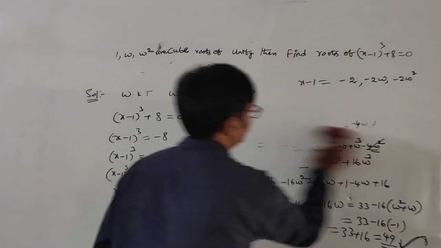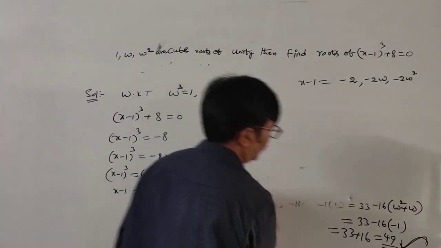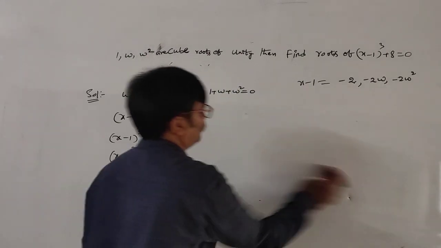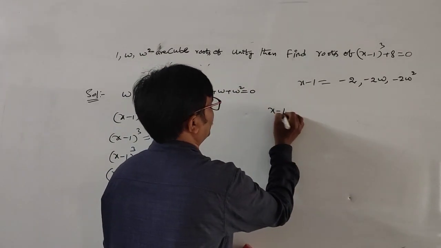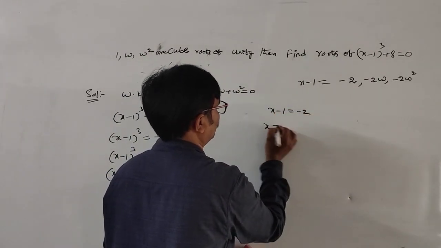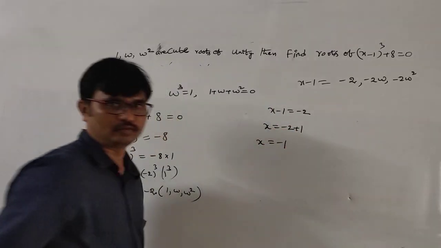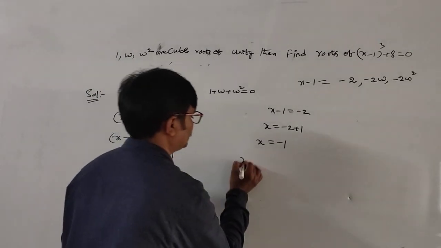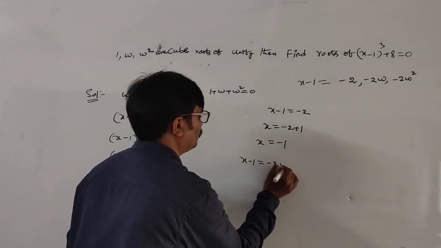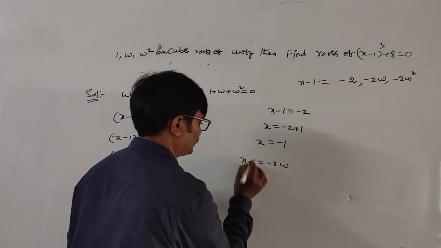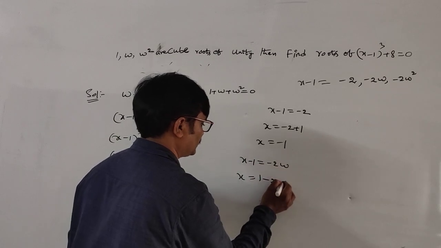So students, how to write the first root? First root is x minus 1 equal to minus 2 times 1. This gives x equal to minus 1. After that students, x minus 1 equal to minus 2 omega, so x equal to 1 minus 2 omega.